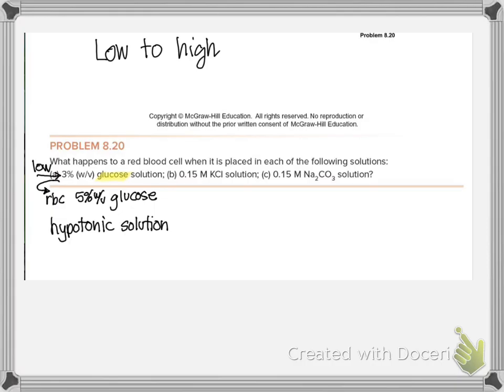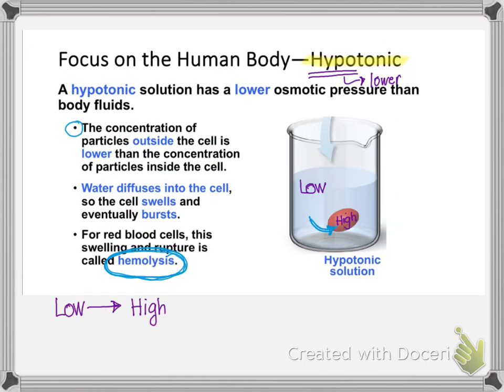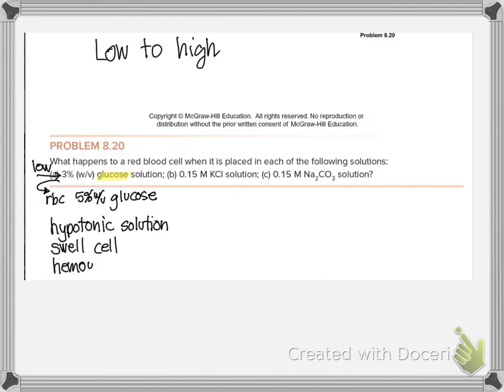This is going to swell the cell, and eventually it could result in hemolysis. Okay, so hypotonic solution, because 3% is less than the red blood cell, whose reference is 5%. All right, so that would be letter A.